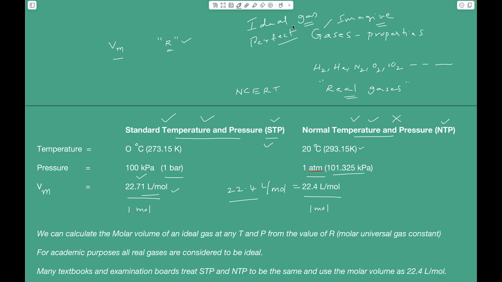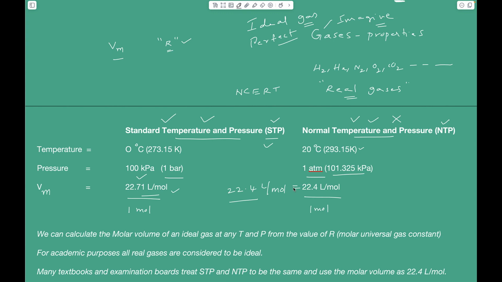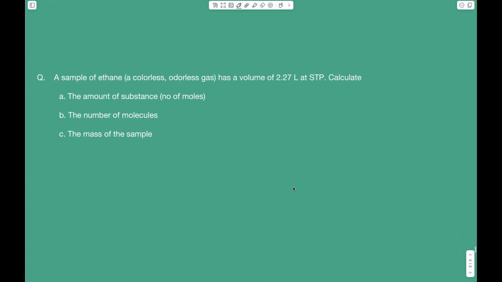So, understand that real gases are not perfect gases, ideal gases, but we treat them as if they are ideal gases for our academic purposes unless mentioned otherwise. So kindly bear this in mind. And with that, we are ready to work out some problems again.